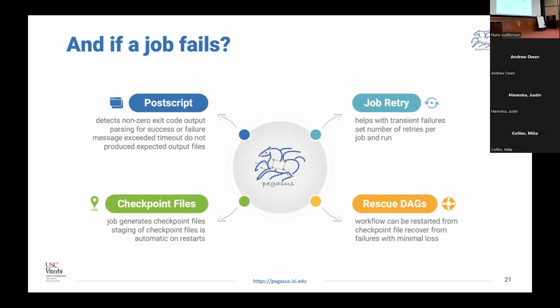We have postscripts associated with the job to mine the provenance information. Pegasus handles checkpoint files, and if the workflow fails, rescue DAG gets generated by Condor Dagman, and Pegasus allows you to submit this rescue again to restart your computations.